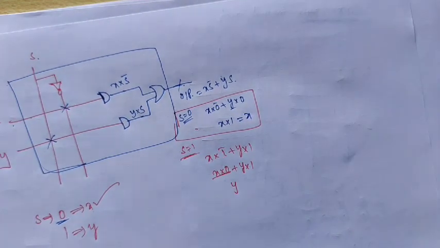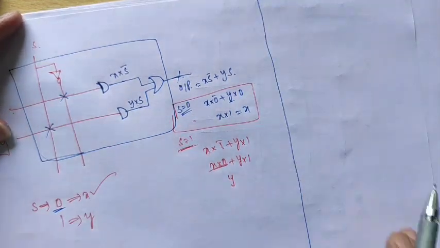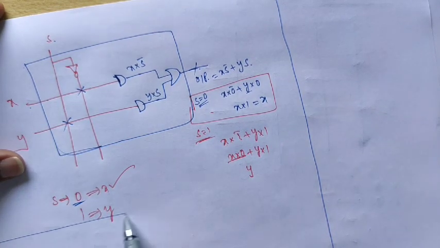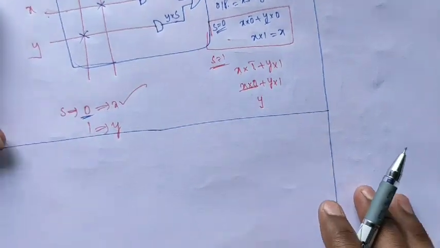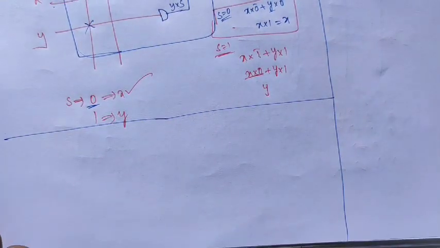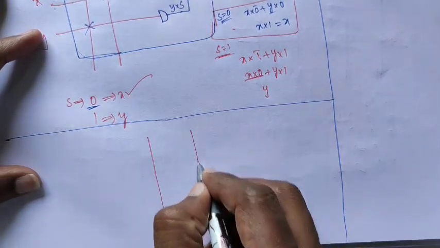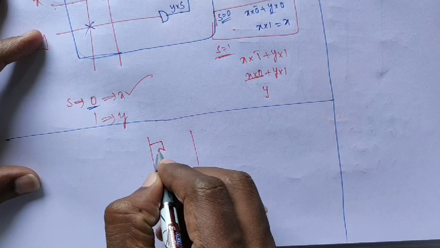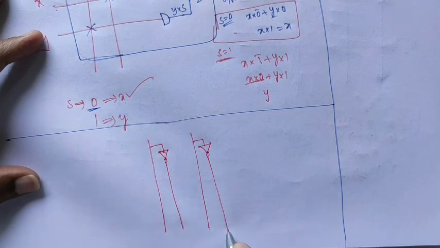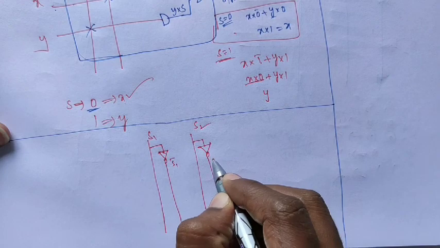Like same, we can draw the 4 by 1 multiplexer. How to draw the 4 by 1 mux? Okay. First, the selection lines. Consider two selection lines, let them be S1, S2, S1 bar, S2 bar.